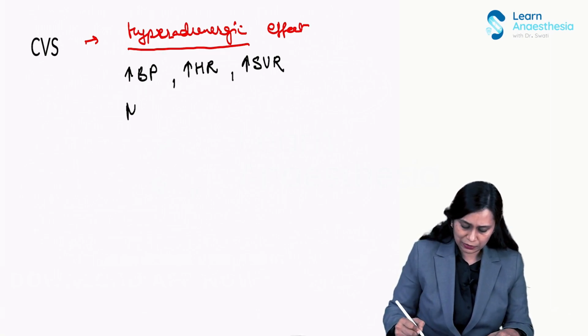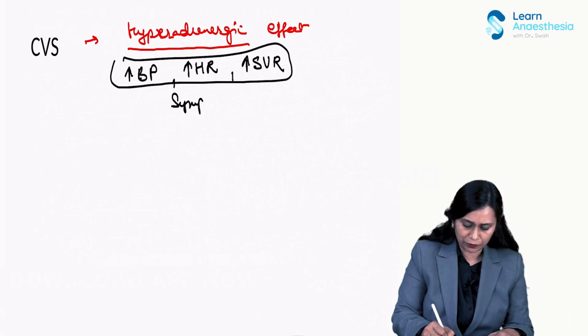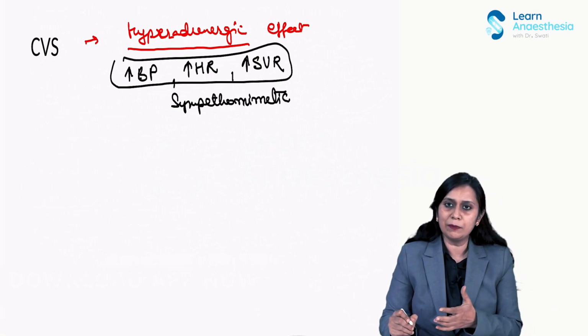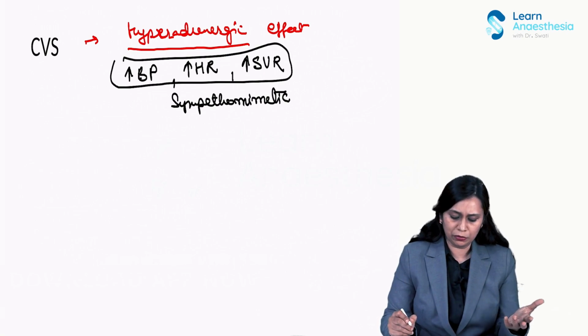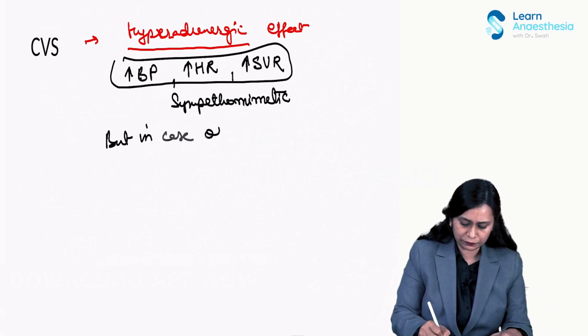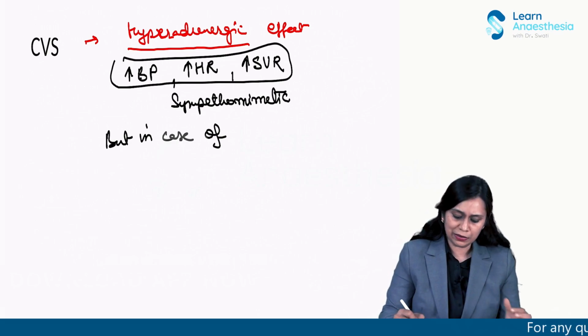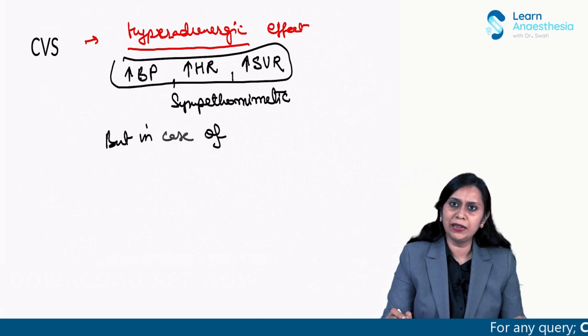These are sympathomimetic effects, okay? So it causes sympathomimetic effect in normal people. But in case of chronic illness, the catecholamine level of the blood gets depleted.